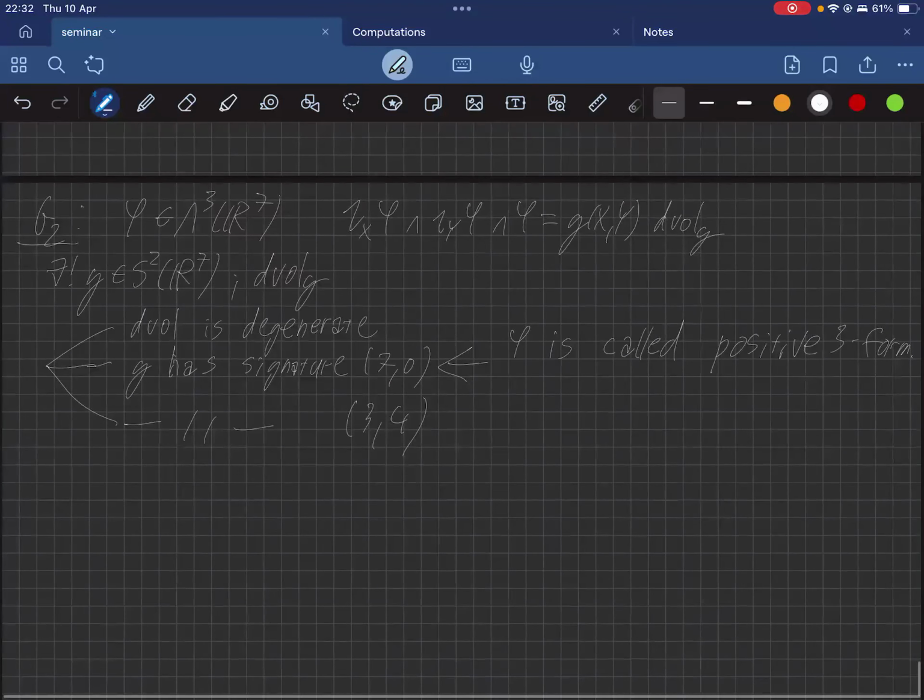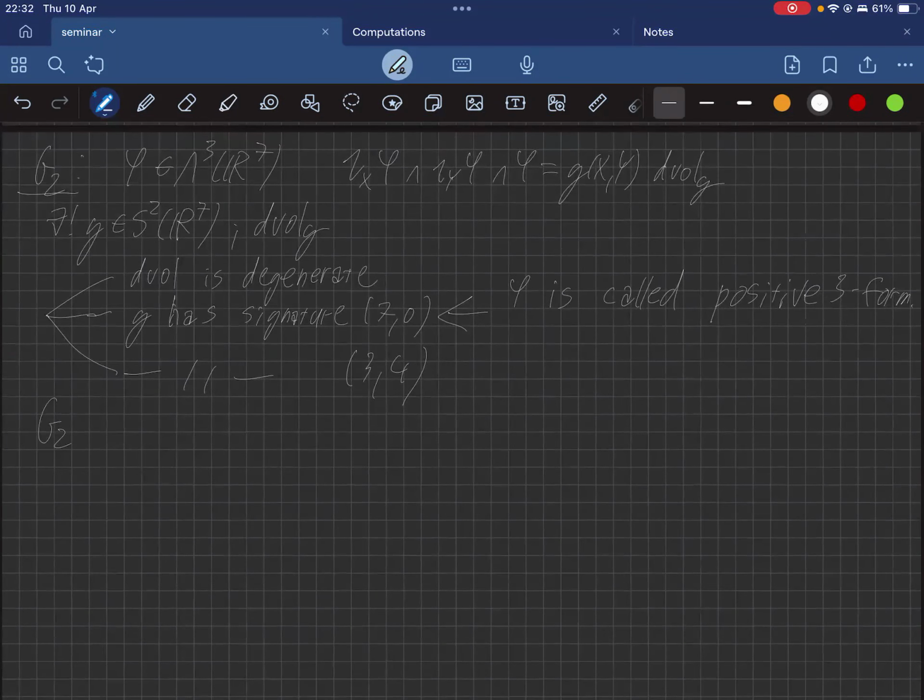Okay, that's interesting, but what does it have to do with G2? Well, G2 is the automorphism group of any positive 3-form. In the same way that your automorphism group of a non-degenerate positive definite inner product is always O(n) or conjugate to O(n), G2 is the automorphism group of any positive 3-form.